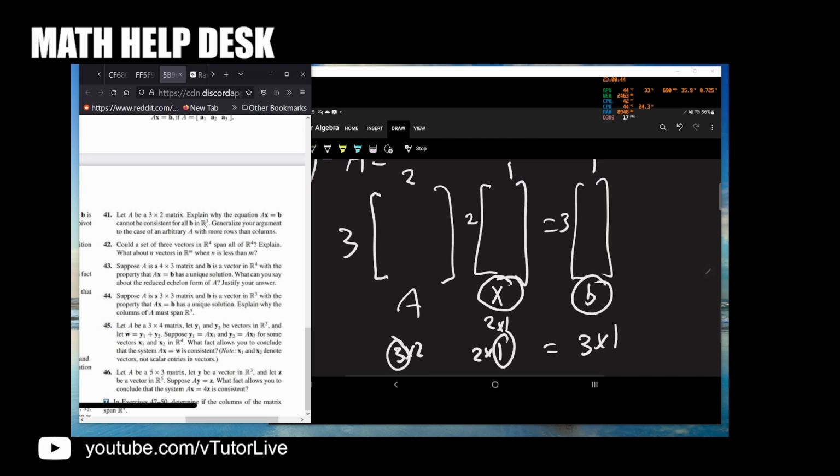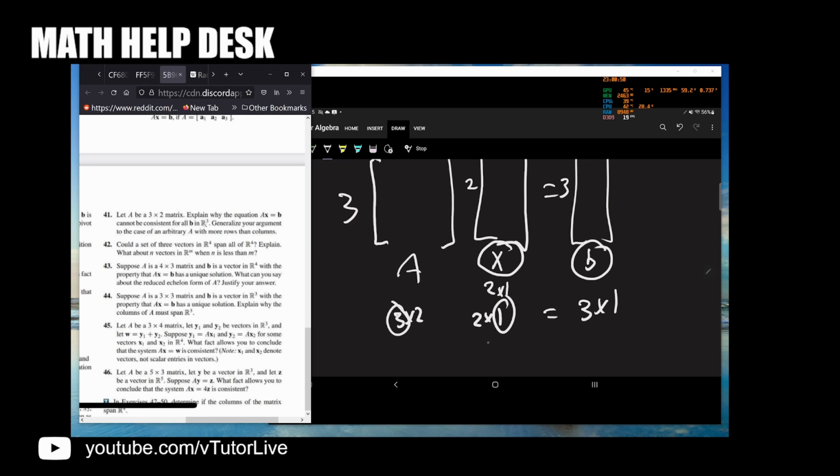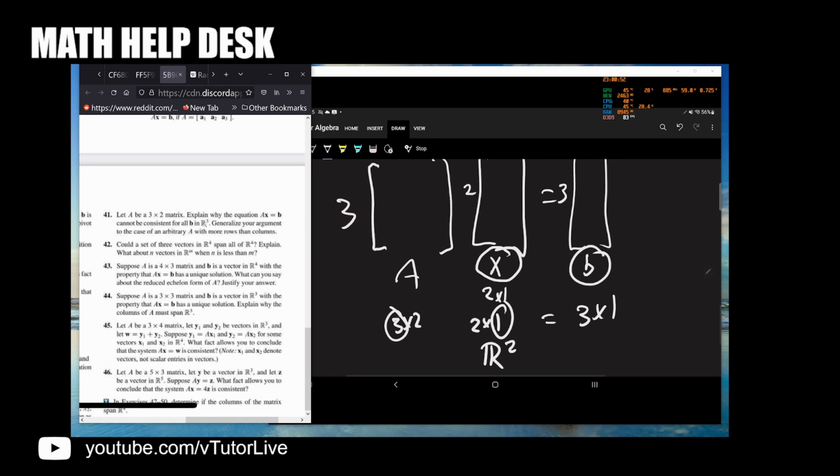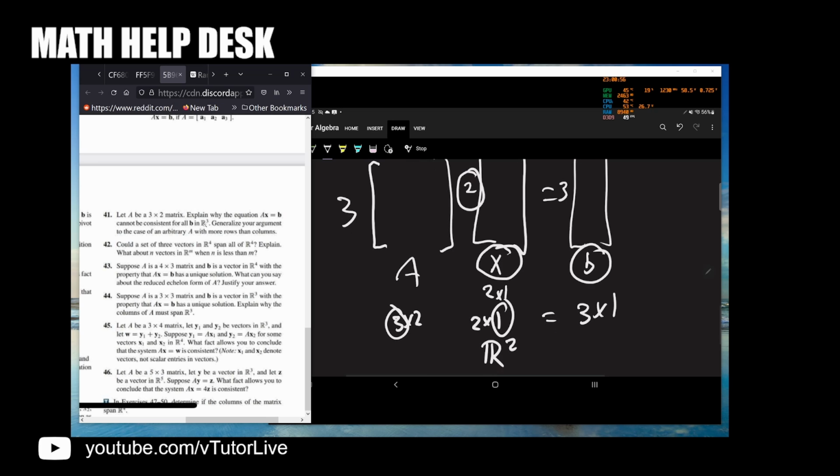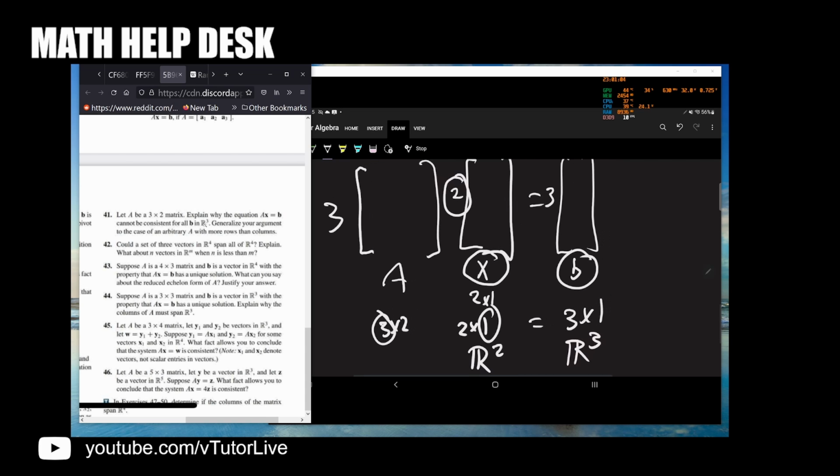So this is saying in English, a linear transformation A that maps from two-dimensional space, because X lives in a two-dimensional space, B lives in a three-dimensional space. So it's impossible to have a linear transformation that sends R2 to map to all of R3.